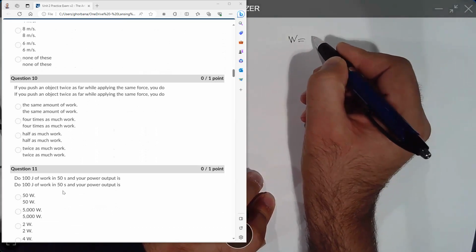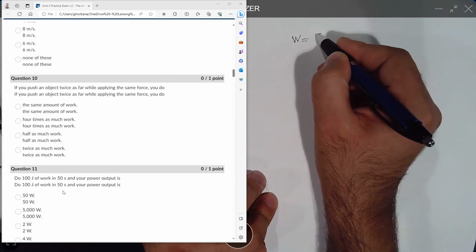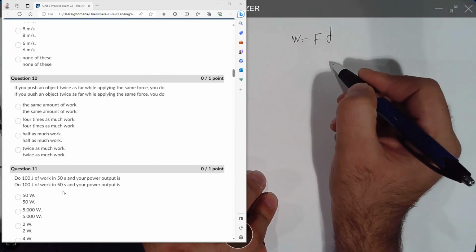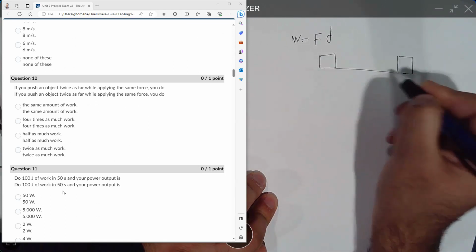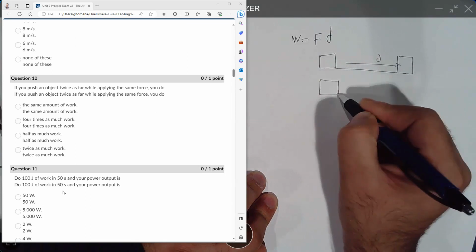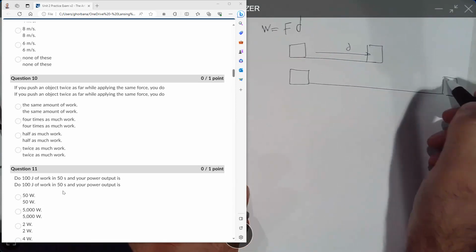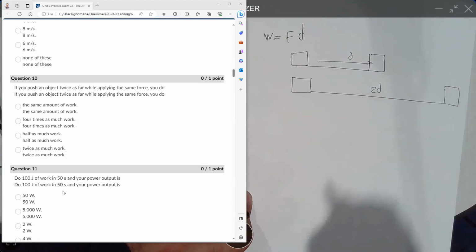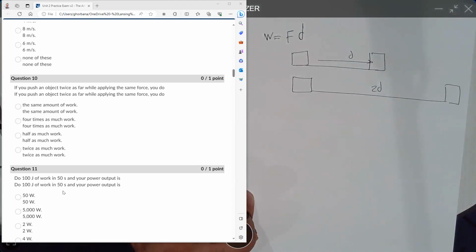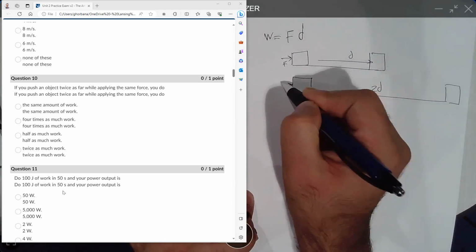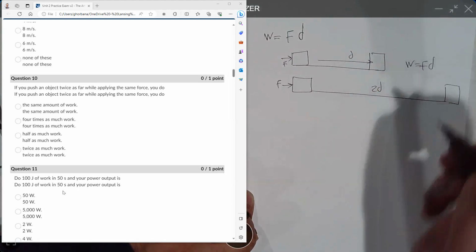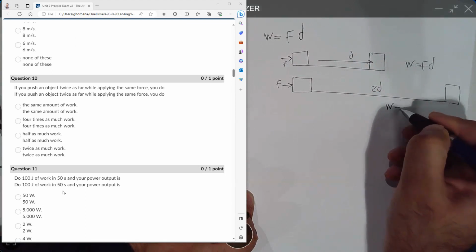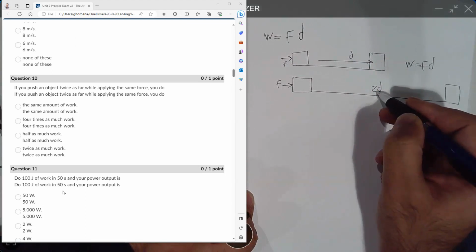Work is equal to force times displacement. If you are pushing the first object d meters and the other object 2d meters with the same force, what is the work for the first one? W is force times d. What is the work for the second one? Again force times the displacement, 2d.